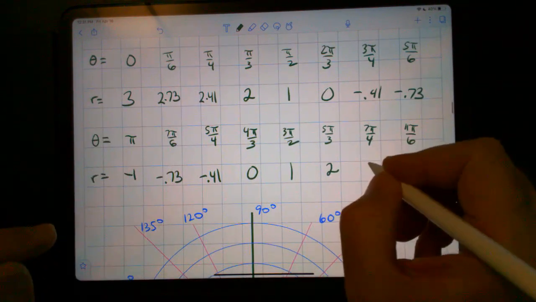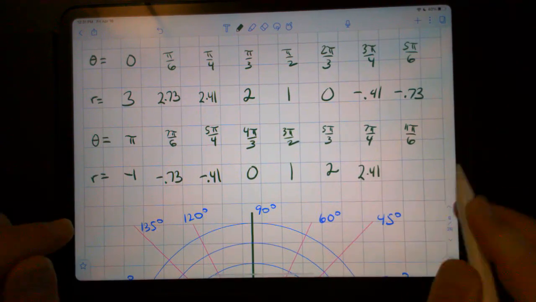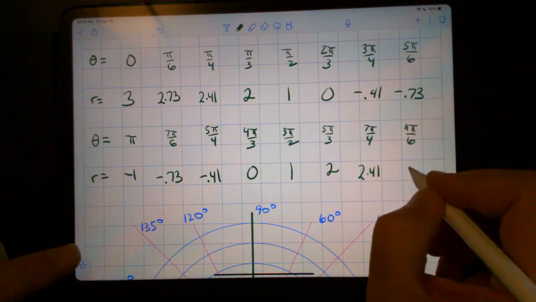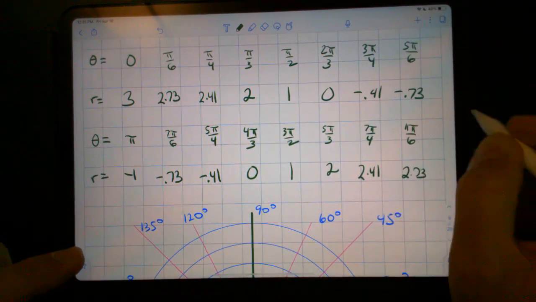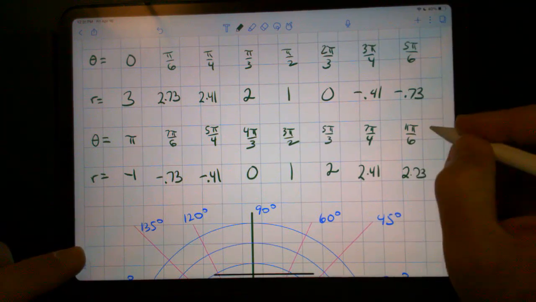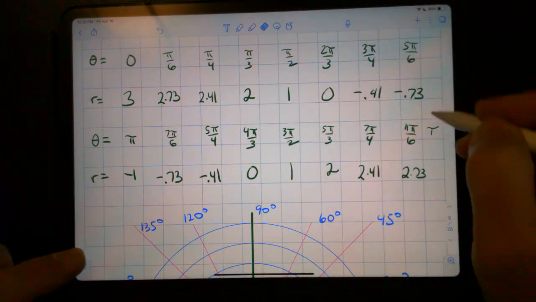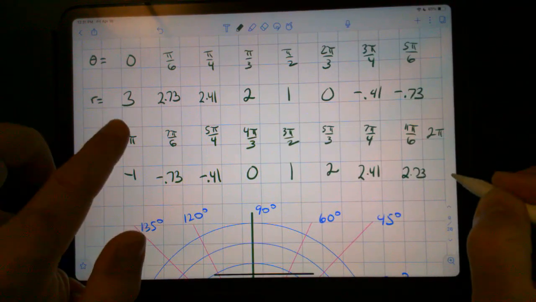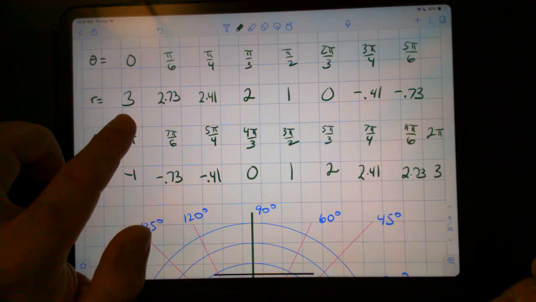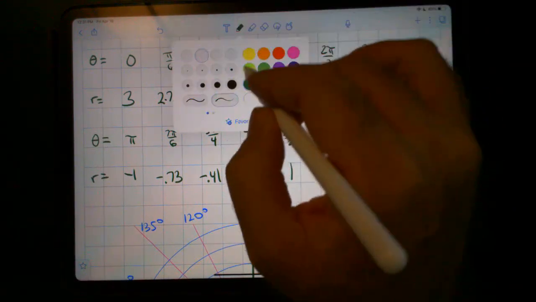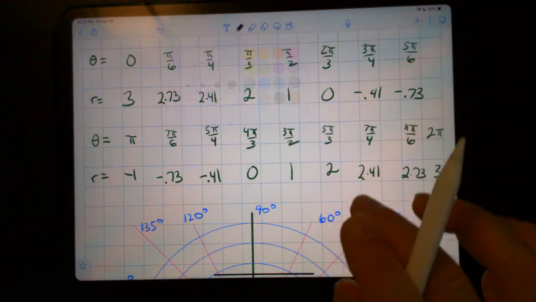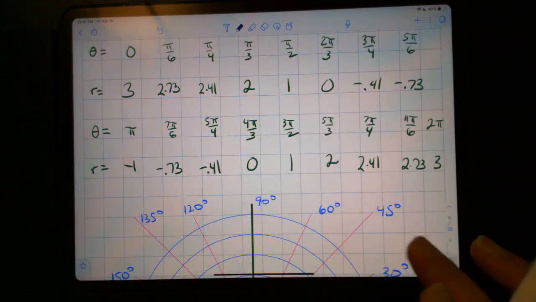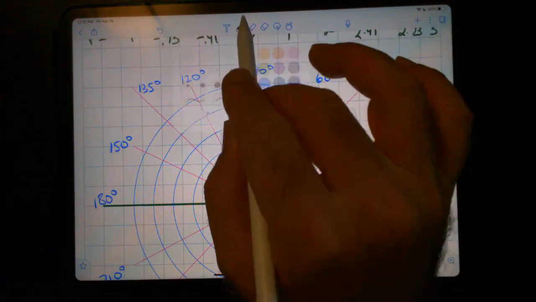We get 2.41. And 11 pi over 6 would be the same value as pi over 6, which is 2.73. And then when we get back to the 2 pi, it would be the same as this value, 3. Okay. We're going from 0 up to 3, so that's how I will do my scaling.